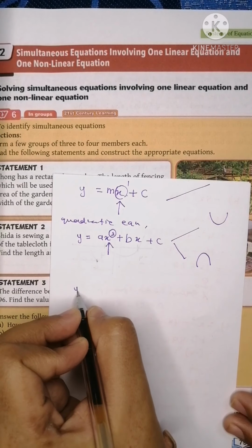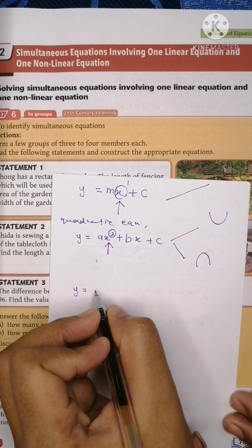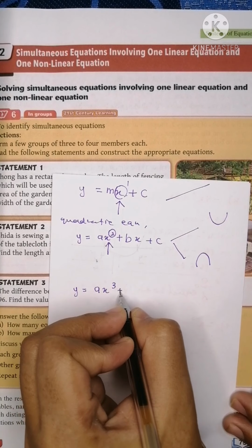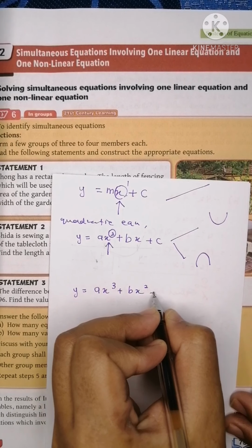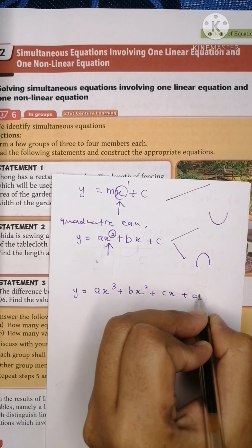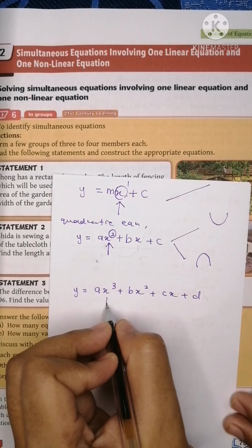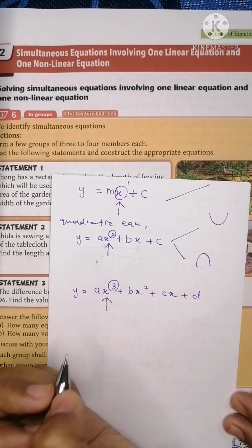Now how about this one? y is equal to ax cubed plus bx squared plus cx plus d. Look at the highest power here. The highest power is 3, right?